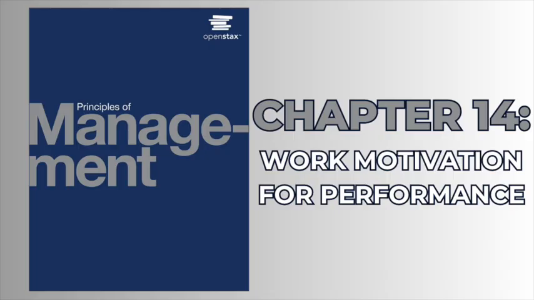Alderfer's ERG theory. Clayton Alderfer observed that very few attempts had been made to test Maslow's full theory. Further, the evidence accumulated provided only partial support. During the process of refining and extending Maslow's theory, Alderfer provided another need-based theory and a somewhat more useful perspective on motivation.